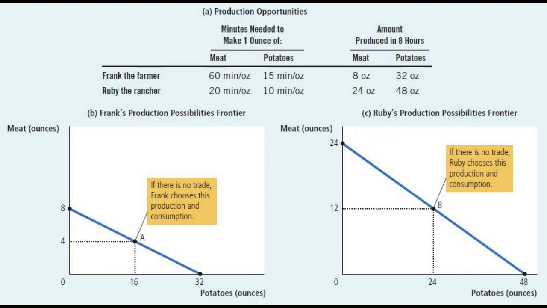We also need to take into account comparative advantage, which isn't just how much can you produce, but how much can you produce relative to what else you could produce.